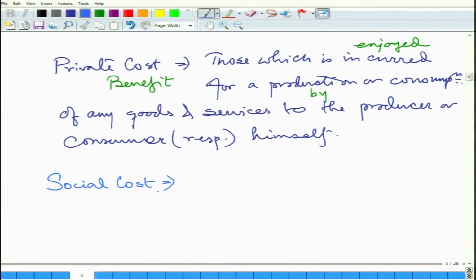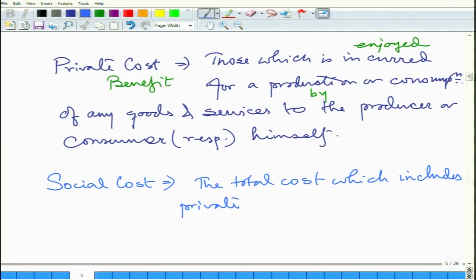Social cost is simply the total cost, which includes private cost and external cost.